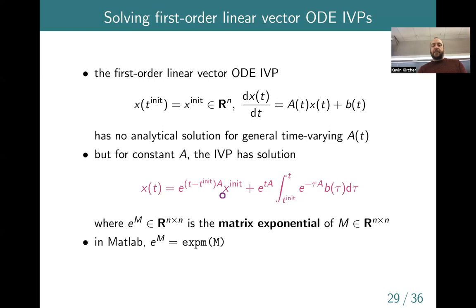So we have the matrix exponential times the initial condition, plus the matrix exponential now times the integral of a vector in here. So this is an n by n matrix times an n by 1 vector. So this whole thing is a vector. So now this thing here is an integral of all the entries in an n-dimensional vector. And then we take that vector and multiply it on the left by another square matrix, the matrix exponential here.